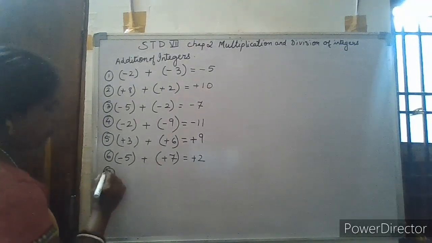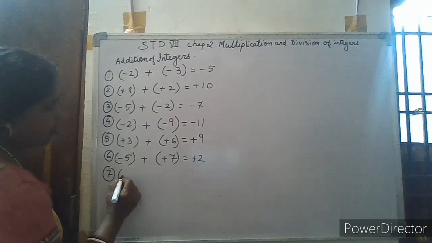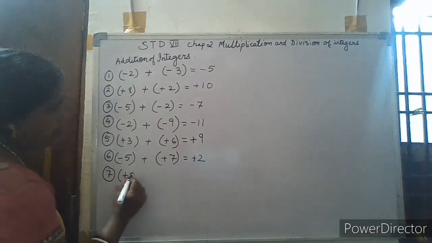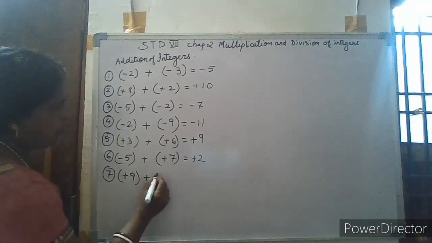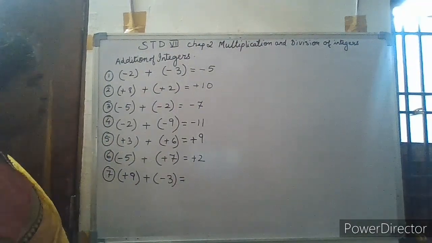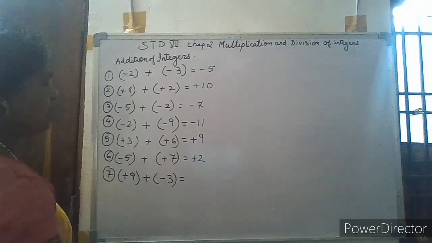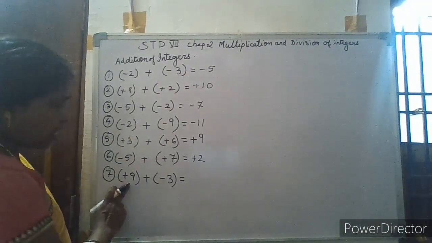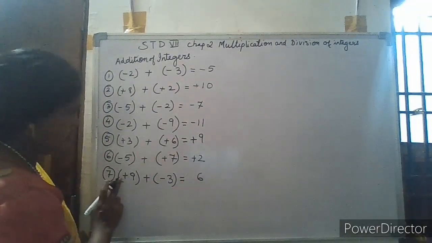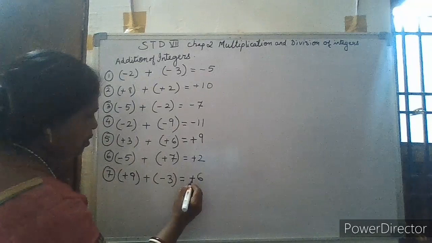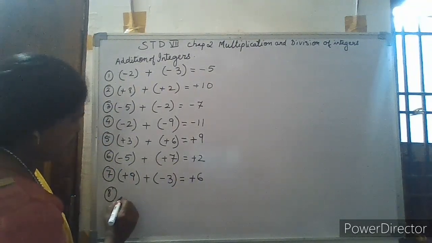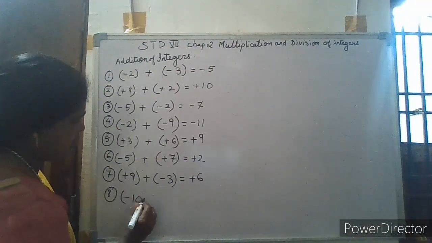7th example. Suppose +9 -3. Both the numbers have different sign. Subtract the numbers and put the sign of the greater number. 9 minus 3 is 6. Sign of the greater number is plus. 8th example, -10 plus 6.